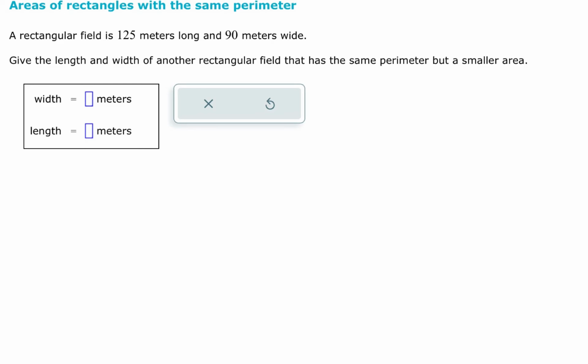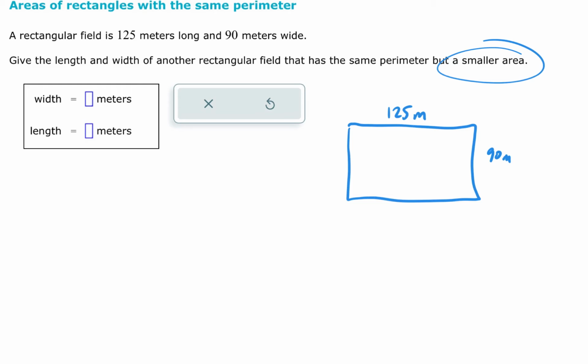And here's another example. This time we have a rectangular field that's 125 meters by 90 meters. And coincidentally enough, that's exactly what we just ended with. And this one asked to find the same perimeter but a smaller area. So we already know an answer to this can be 130 by 85, but let's try a different one. Let's find out if we have a pattern going on here.